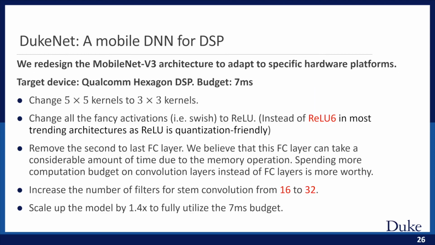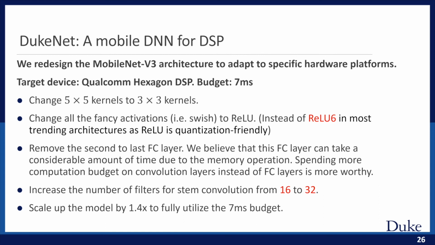What we did is basically redesign the MobileNet V3 architecture in order to make it fit better into the hardware platform given by the competition, which is the Qualcomm Hexagon DSP. For example, large kernels and fancy activations are not favorable and cannot be well supported by the Qualcomm Hexagon DSP, so we have to reduce the kernel size and remove those fancy activations.